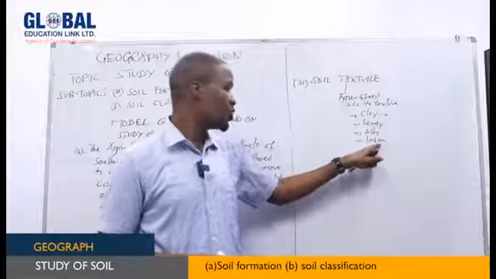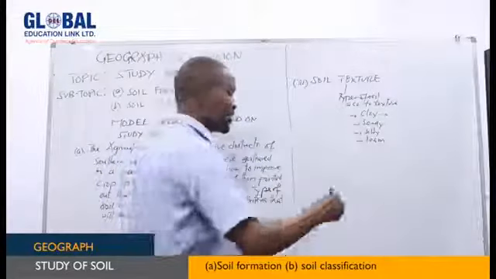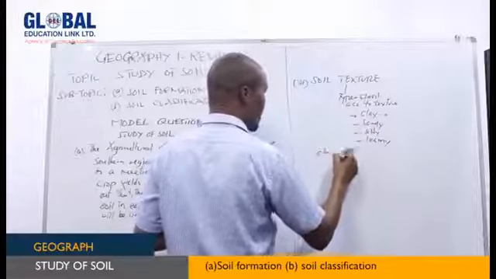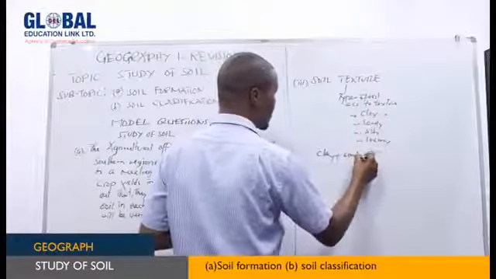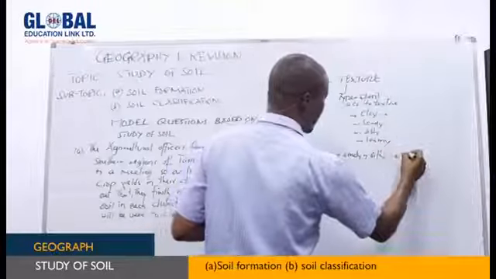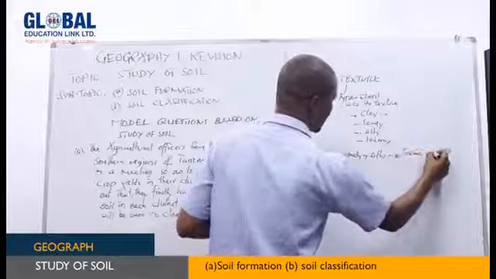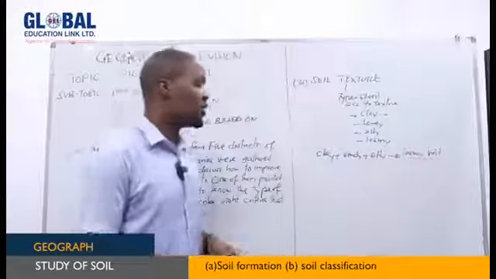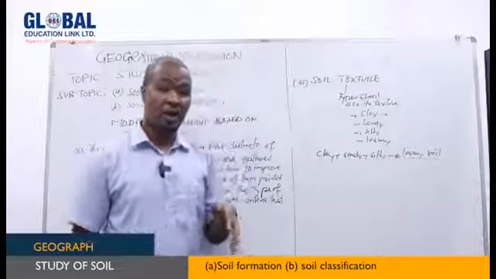And remember, the loam soil is the combination of the 3. If you take clay plus sandy soil plus silty soil, you get the loam soil texture.